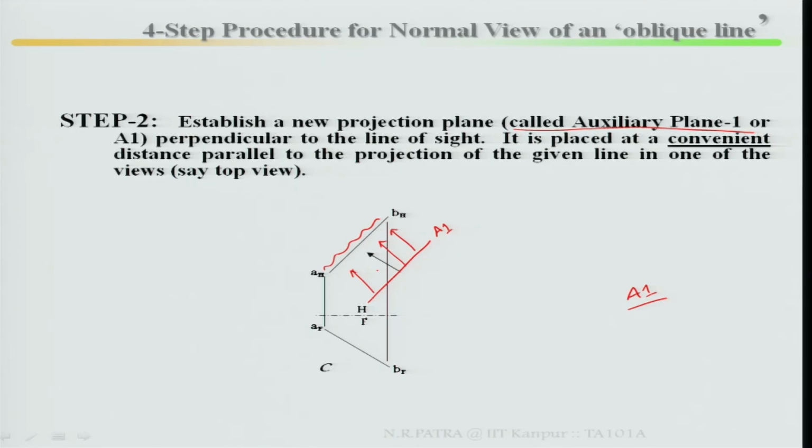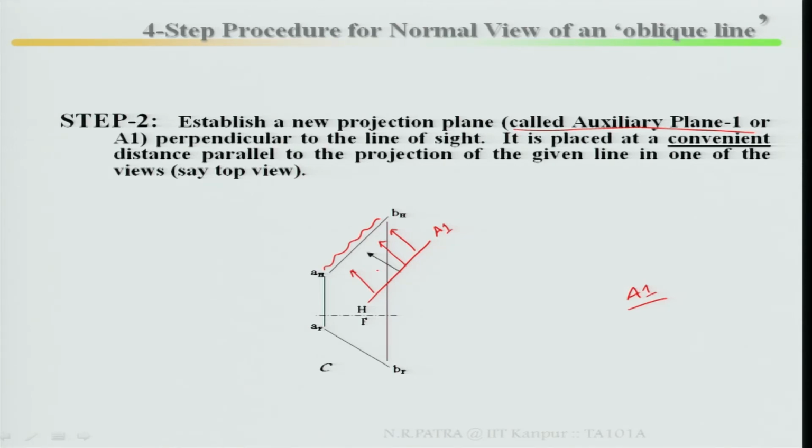Now the second most important point: it is placed at a convenient distance, parallel to the projection of the given line in one of the views, say the top view.